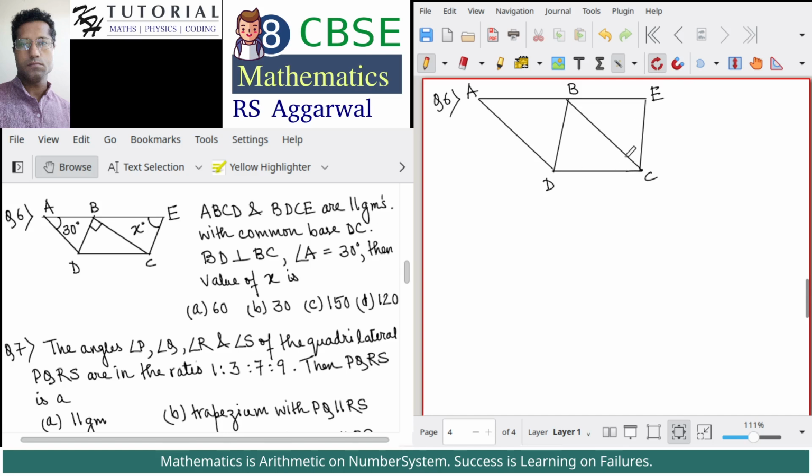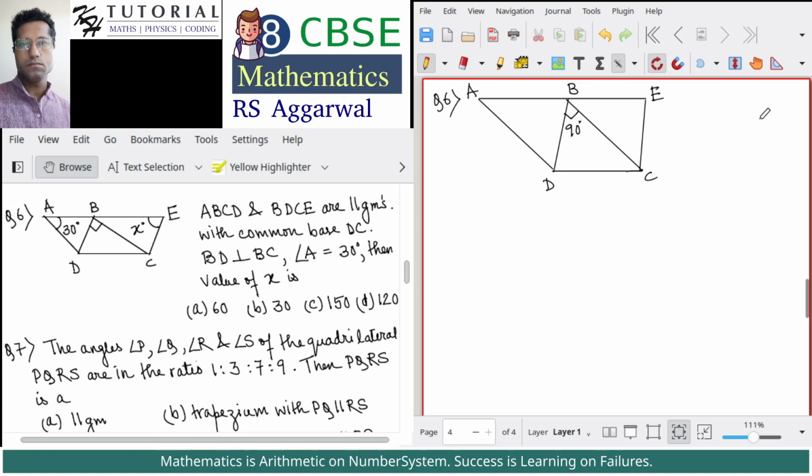BD is perpendicular to BC. My diagram is not at all perfect, but even though my diagram is very bad, let's say this is 90 degrees.